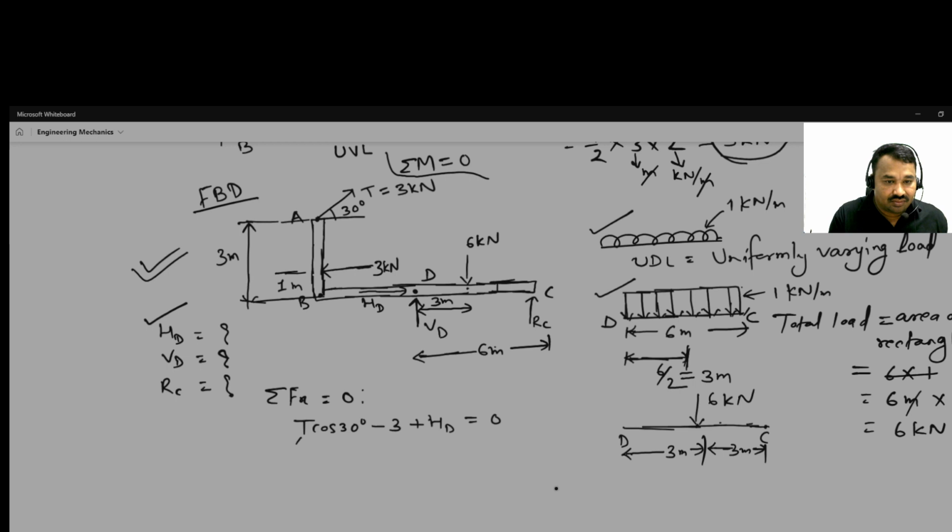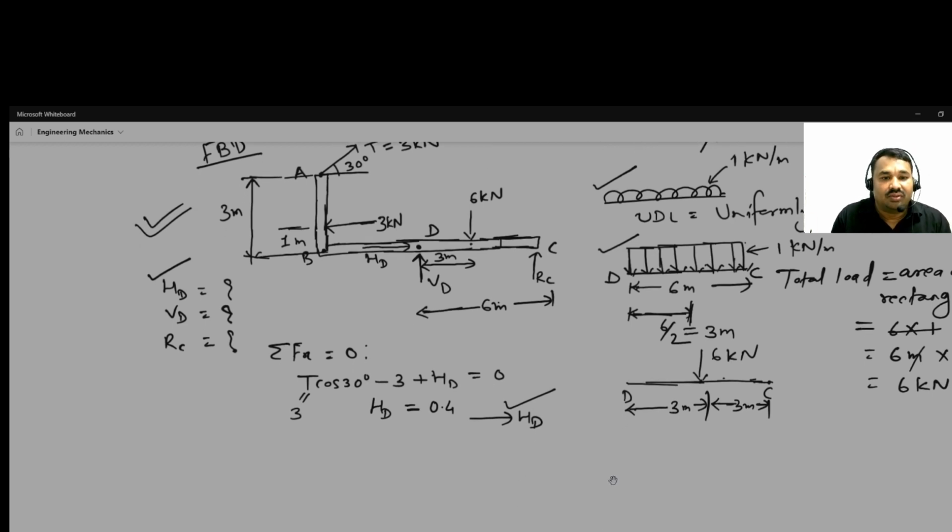T is equal to 3. So from here we can get HD is equal to 0.4. Okay, and it is coming in positive direction, means our assumption of this HD direction is correct. Okay, so HD we got.